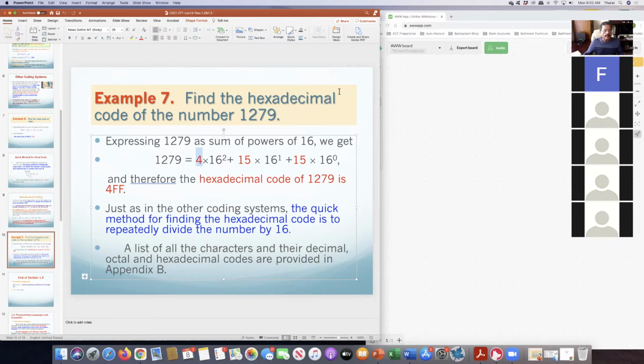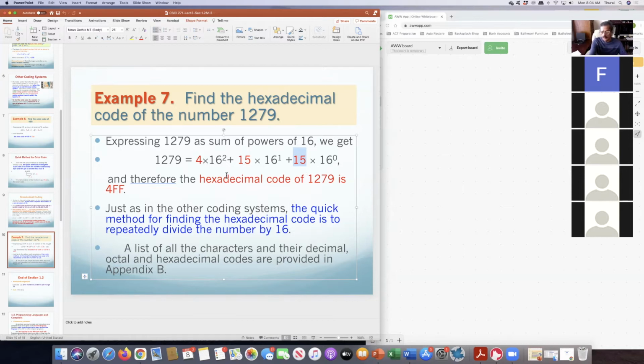After you do that, you have to subtract 4 times 256 from 1279, and the resulting number should be divided by 16 to figure out how many 16s are there. That's 15 point something. So you write the 15 here, and then figure out what is left. There is 15 left. So 15 times 16 to the 0 will make it complete. So the code is 4, 15, 15.